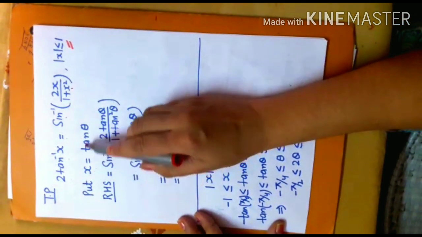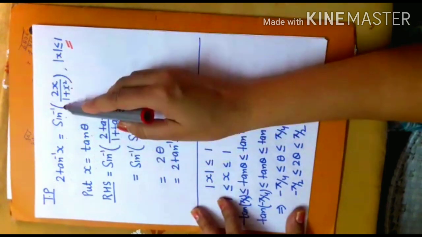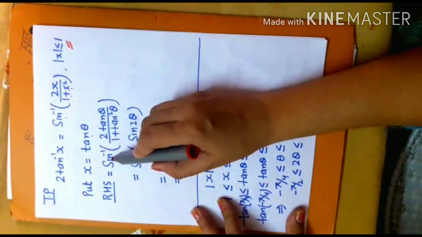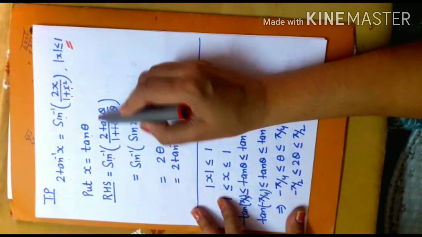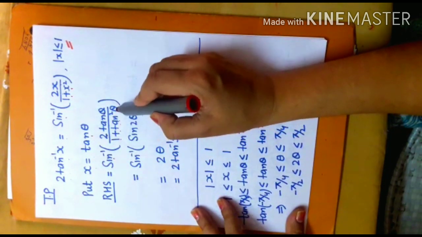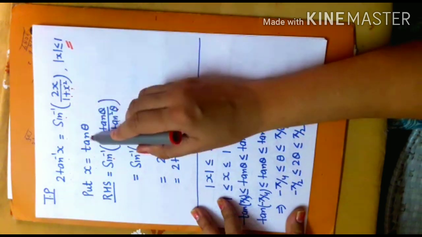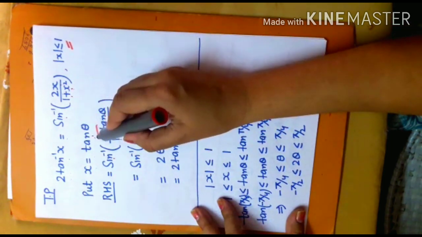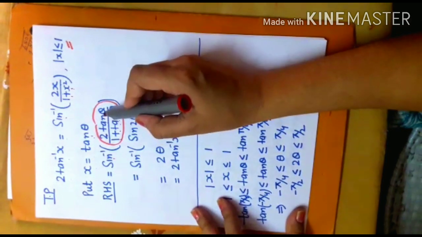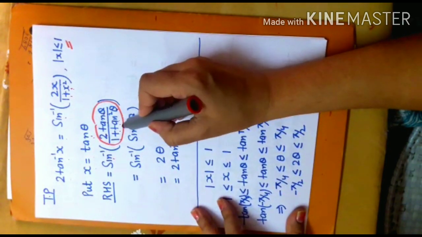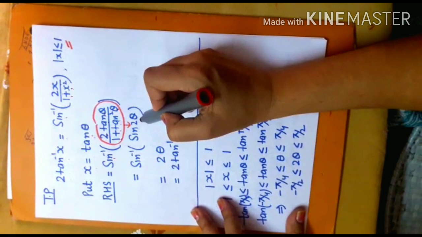Again I'll put x equal to tan theta. So this right hand side will become sine inverse 2x, that means 2 tan theta over 1 plus tan square theta because x is tan theta. In 11th standard, you learned that this is equal to sine 2 theta.